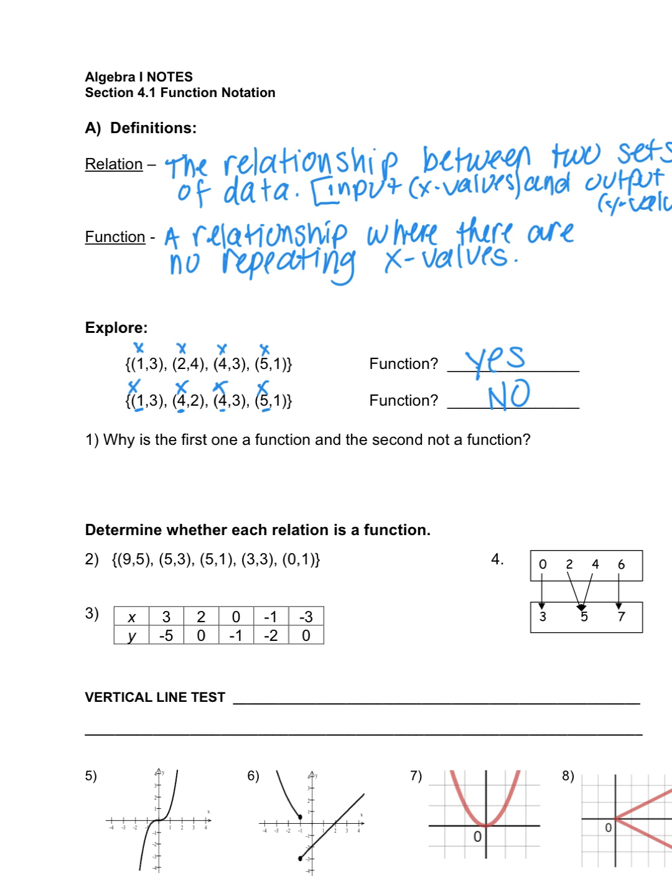So it says, why is the first one a function and the second one not a function? Well, as we noticed, the first function has no repeating X values, so let's write that down, no repeating X values.